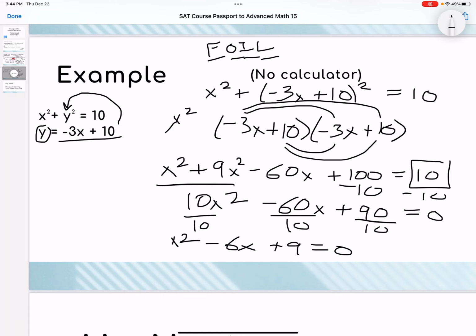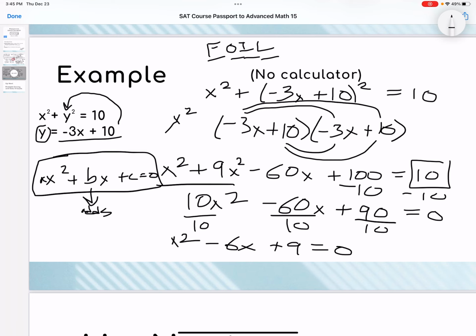So now we have to ask ourselves what I like to ask myself when I get to these, remembering this is ax squared plus bx plus c equals 0. That's the standard form quadratic. I like to ask myself what adds to b and multiplies to c. It's a good way of thinking about these when we can factor, especially when our a value up here is 1 like it is in our case.